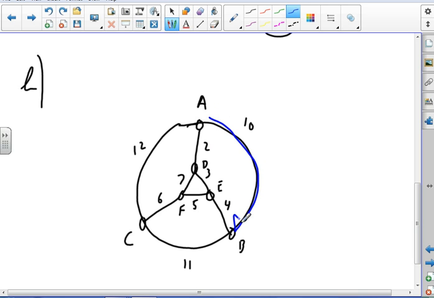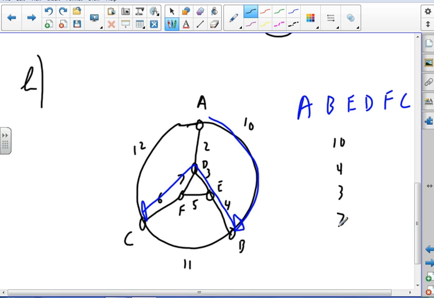Okay, so I'm going A, B, E, D, F, C. So I got a different path, and my weights are 10, 4, 3, 7, 6. That's 30.